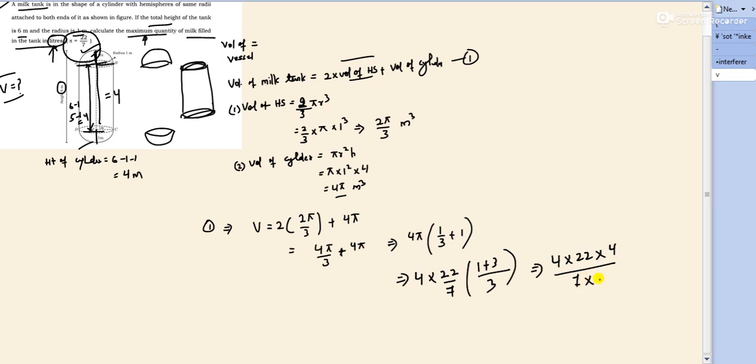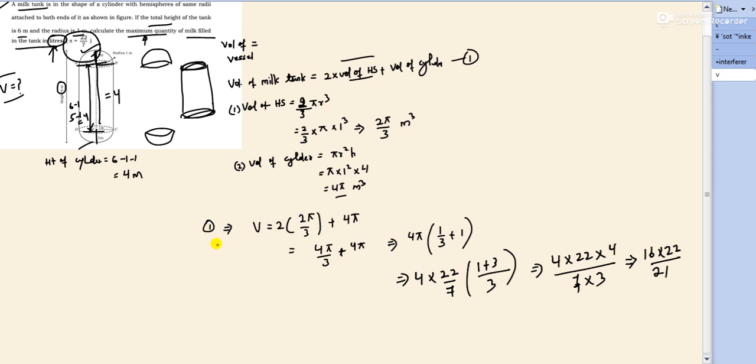Let me write it as 7 into 3. Got it? So how much is this? You'll get 4 4s are 16 into 22 divided by, how much is this? 7 into 3 is 21.